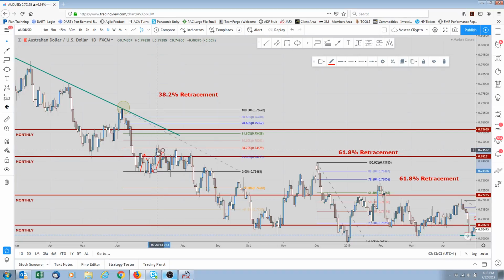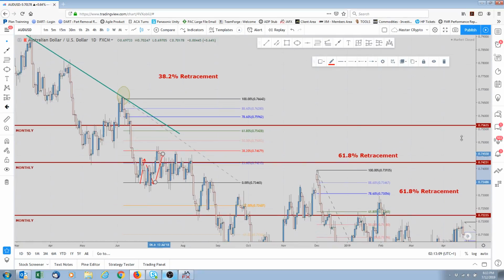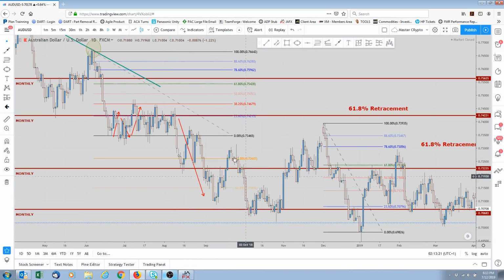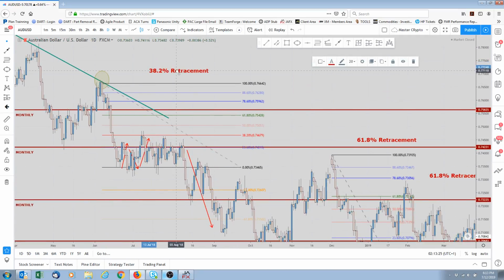It came back down, came back up, came back down, fell below the 23% and continued down, and look where it went. It went to our take profit areas. That's why I wrote here 38.2%.